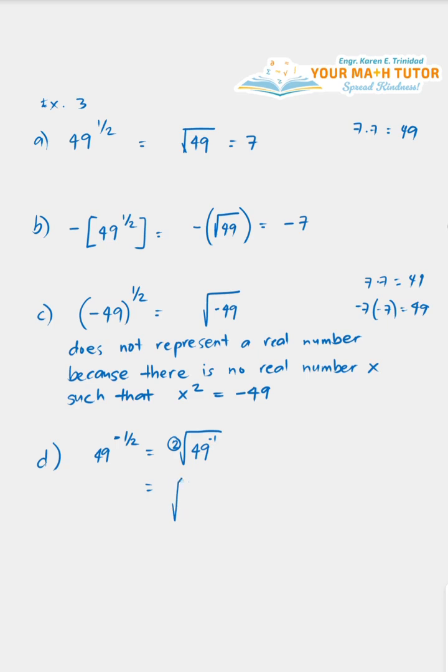So you just have to put square root and then 1 over 49. And you can also get the square root of 1 divided by the square root of 49. The square root of 1 is equal to 1, and the square root of 49 is equal to 7. So the answer is 1 over 7.